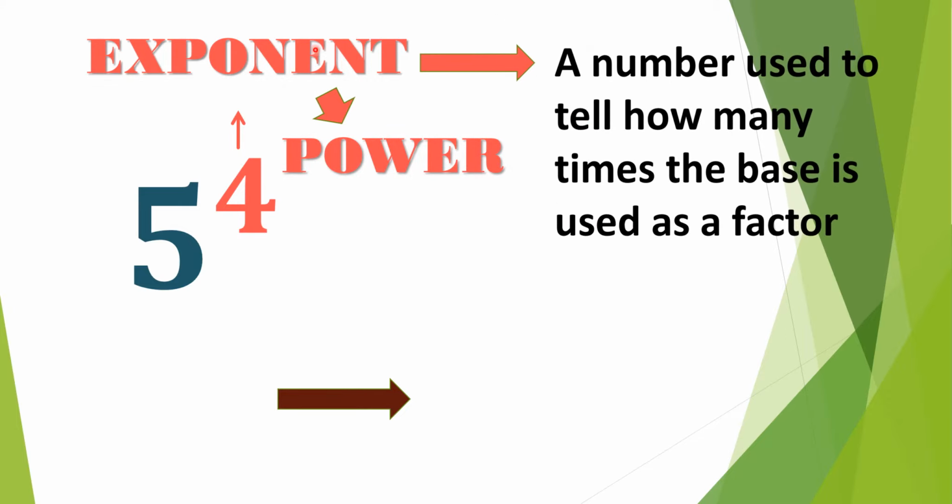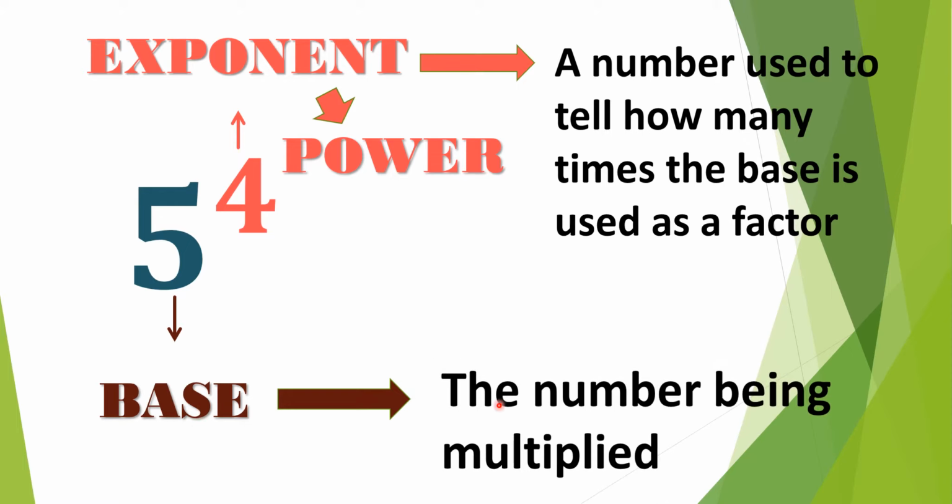So, again, exponent, a number used to tell how many times the base is used as a factor. So, yung exponent, sinasabi kung ilang beses mo i-multiply yung base mo. Okay, so 5, tawag naman dyan is the base. And si base, ito yung number being multiplied.